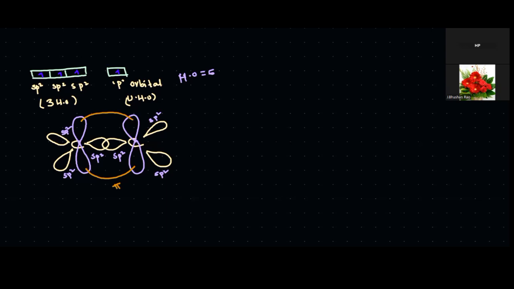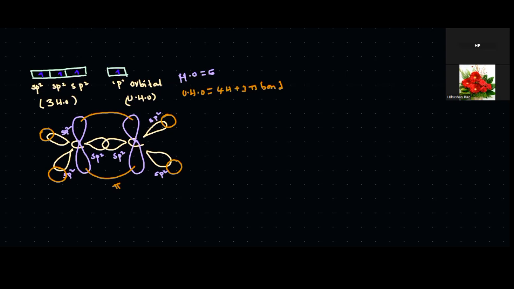Now each hydrogen atom has one s orbital. This is another, this one and this one. Now hybrid orbitals form sigma bonds. Here how many hydrogens are present? 4. So unhybrid orbitals: 4 hydrogens plus 1 pi bond. 1 pi bond means how many unhybrid orbitals? 2.